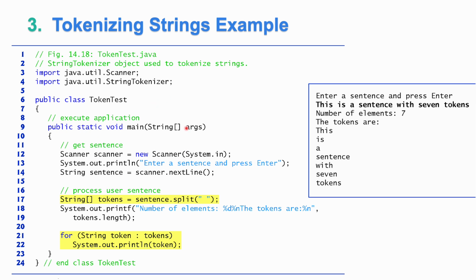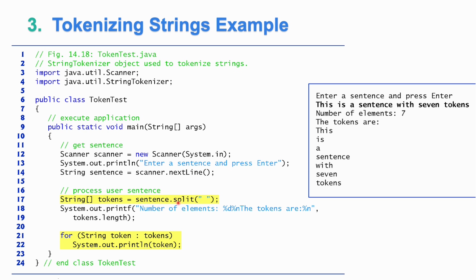This program shows an example of tokenizing strings. First, it asks the user to enter a line of text and stores the input in the string variable named sentence. Then it calls the method split on the string object sentence.